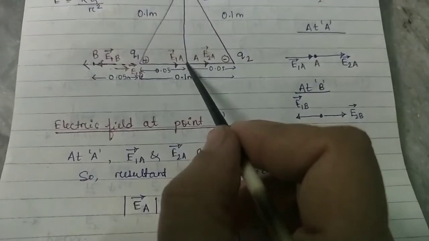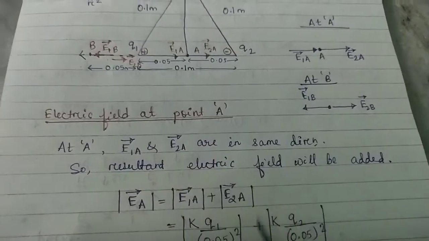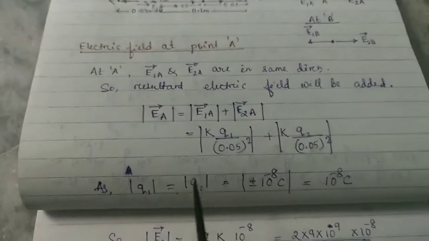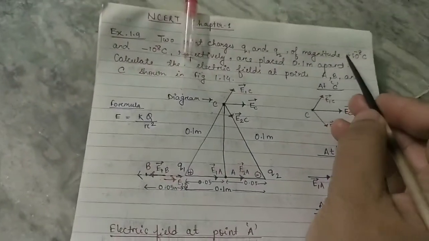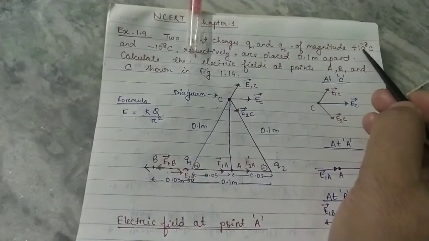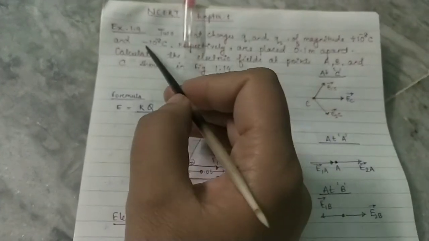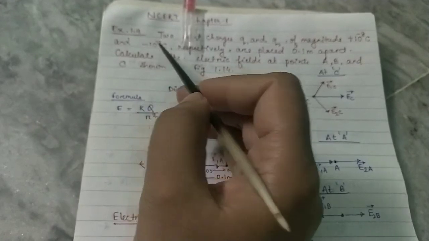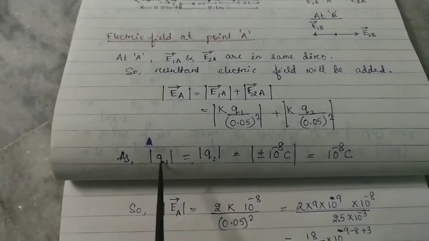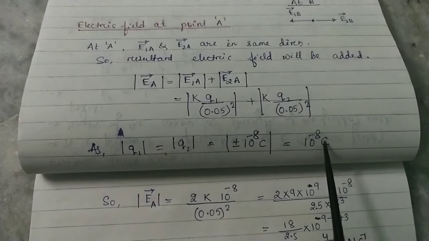Here you have to see this distance from Q1 to A, then Q2 to A. Both the distances are the same, that is 0.05. So here we have seen that charges Q1 and Q2 are of the same magnitude, that is magnitude of plus 10 to the power minus 8 equal to 10 to the power minus 8, magnitude of minus 10 to the power minus 8 equal to again 10 to the power minus 8 coulomb. So magnitudes of Q1 and Q2 are the same, that is 10 to the power minus 8.